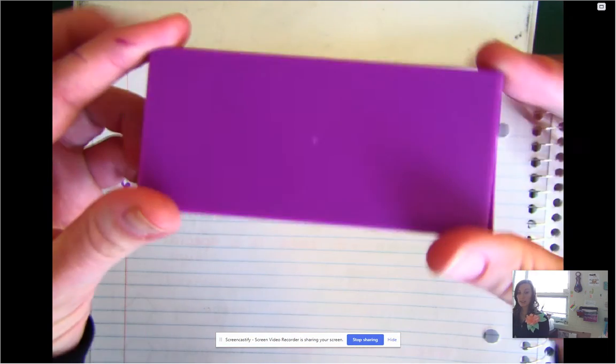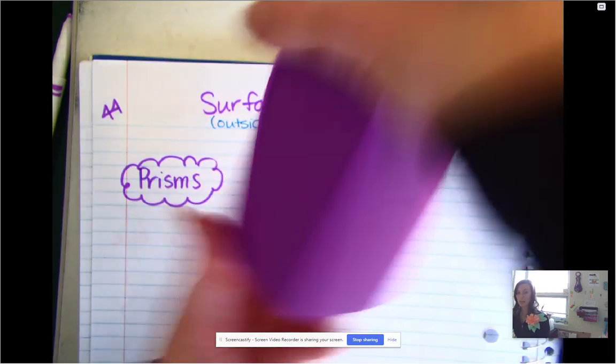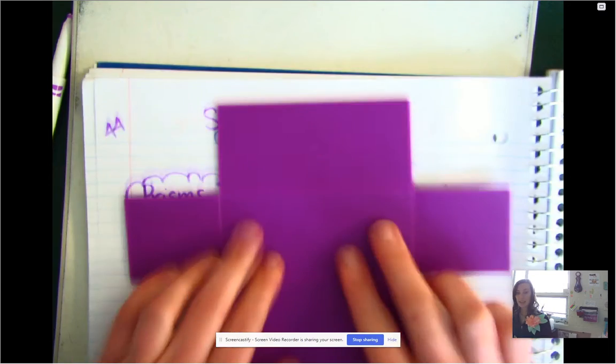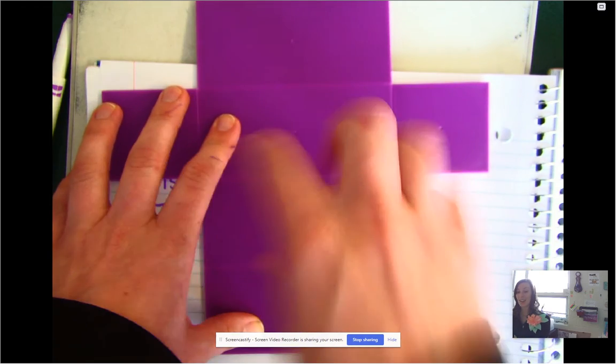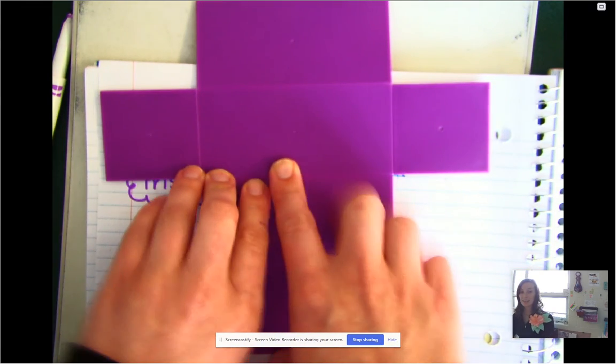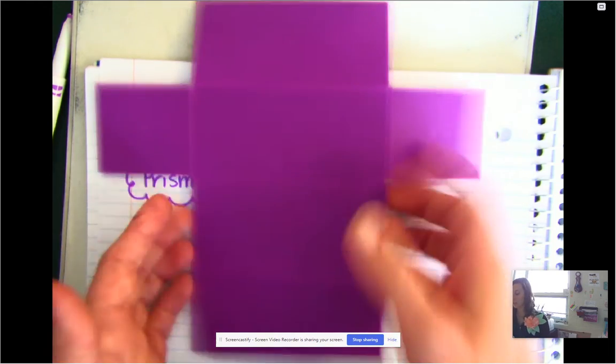So the surface area of this shape together is the same as the area of this flat weird thing. And this is called a net. A net is an unfolded representation of a three-dimensional shape.